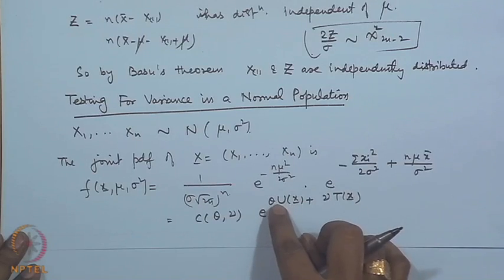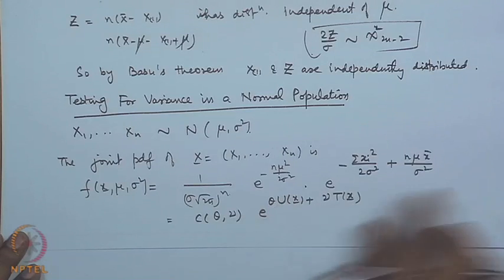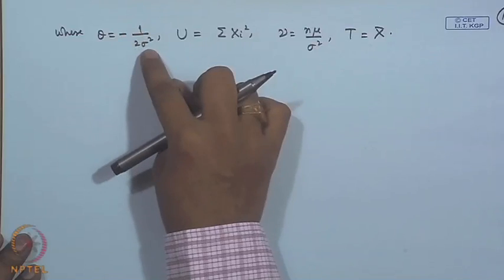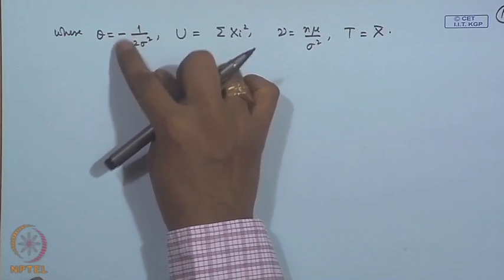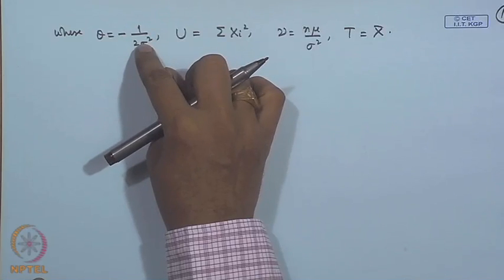For all the 4 hypotheses, I will have UMP unbiased test for theta. Now, what does testing for theta mean? Since theta is equal to minus 1 by 2 sigma square, and this is an increasing function of sigma square, the test is exactly reflected.